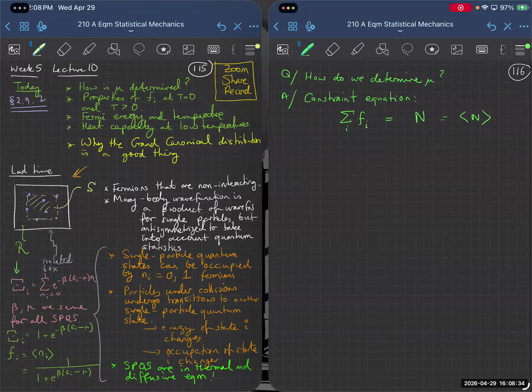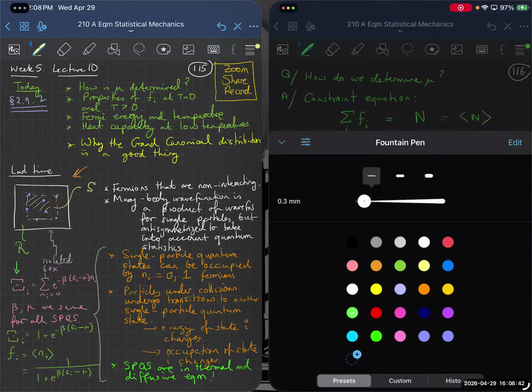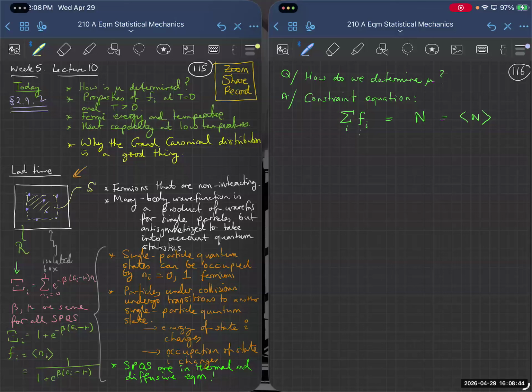And you can see why this is the right answer, because if you look at the form of Fi, let me just write that down again, just for convenience. So this Fi is 1 over 1 plus e to the beta (epsilon i minus mu). So that's what it is.